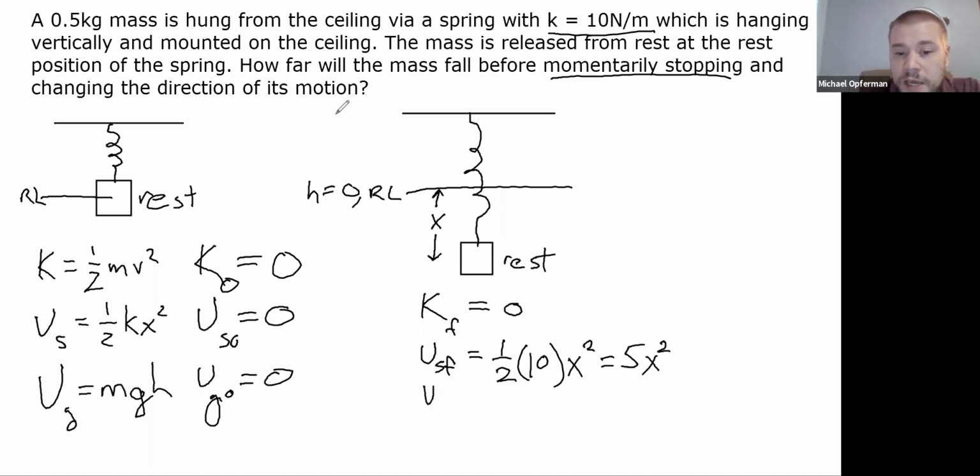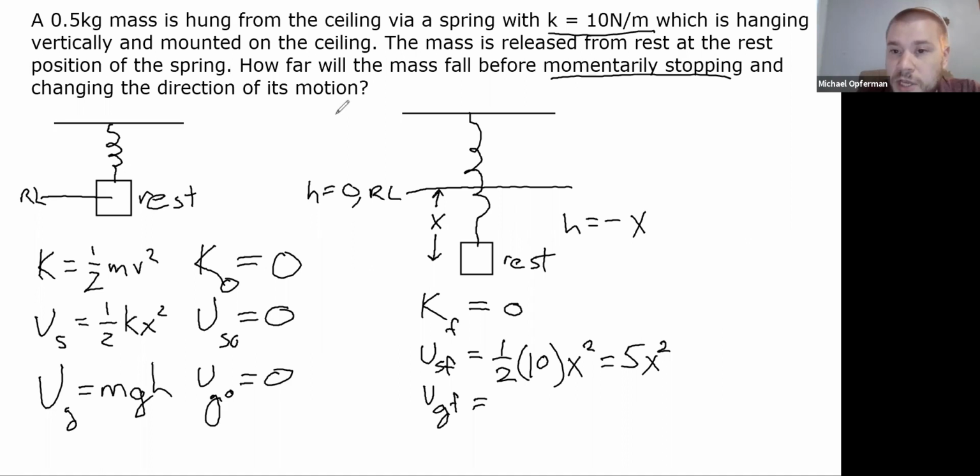And the final gravitational energy is going to be negative, notice, because the block is below h equals 0. And it's below h equals 0 by an amount h equals minus x. So h equals minus x in this picture. Minus because it's below h equals 0, and x because that's the distance between h equals 0 and the current location.